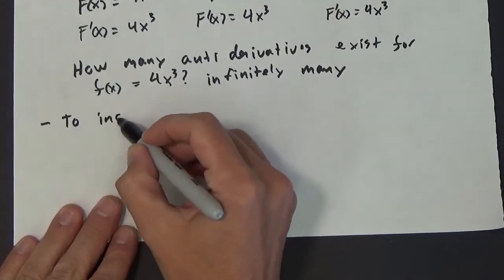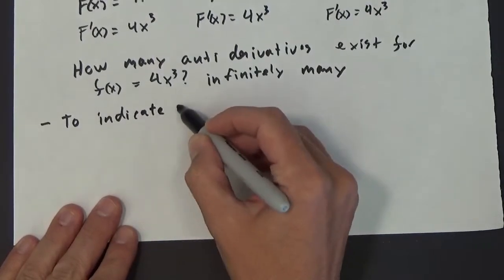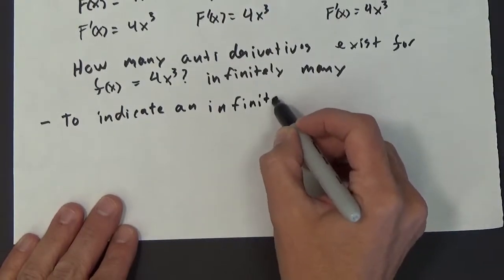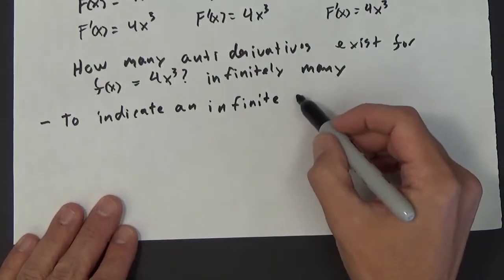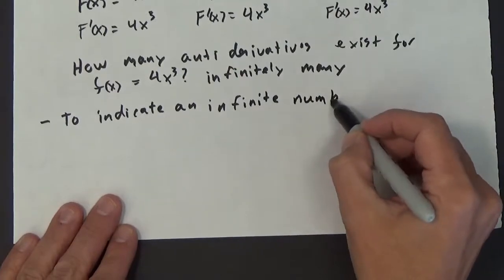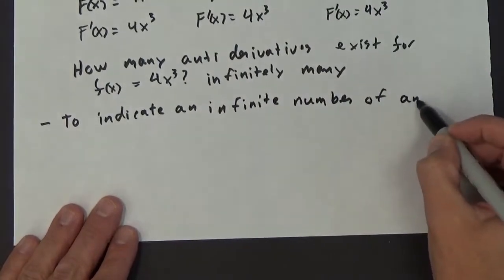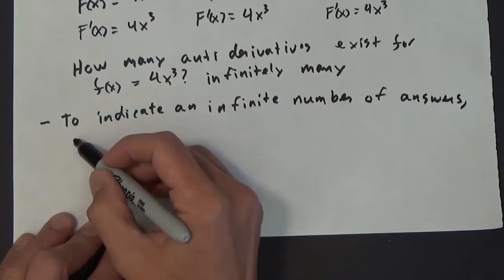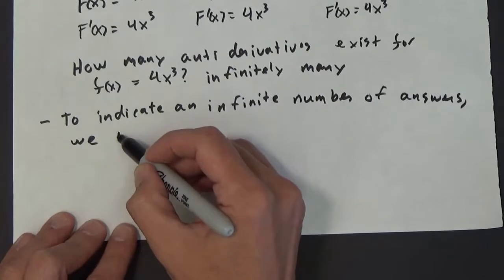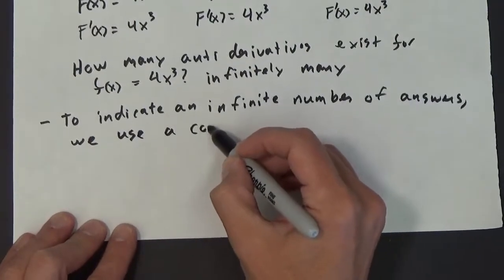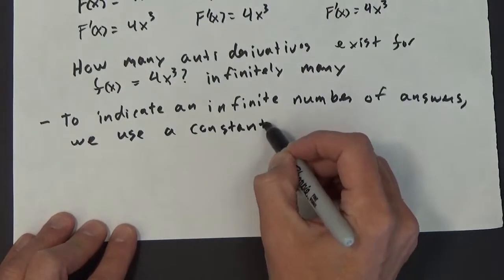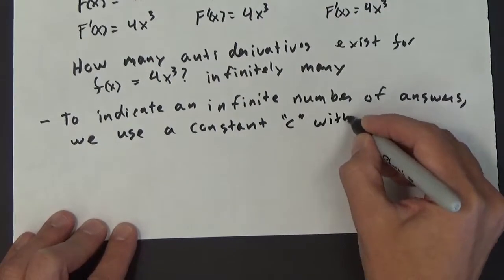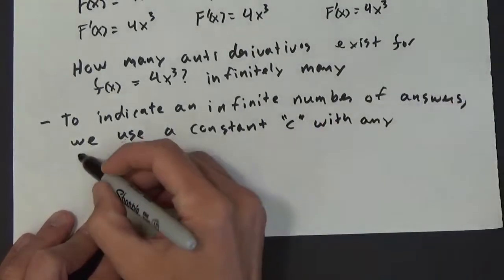To indicate an infinite number of answers we use a constant c with any antiderivative.